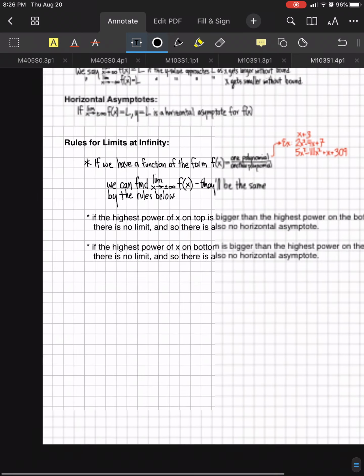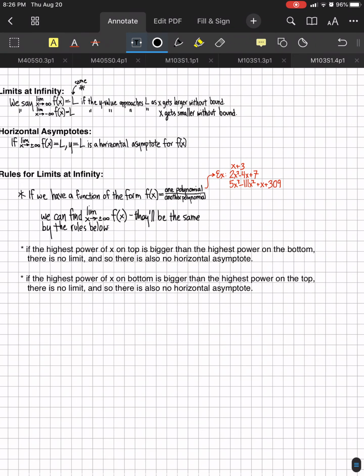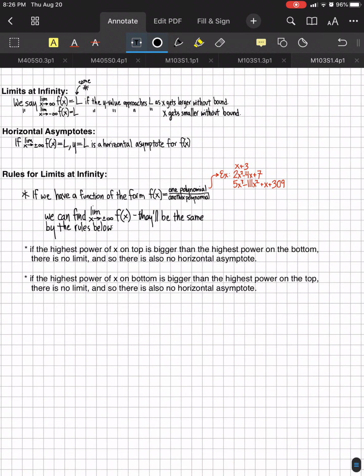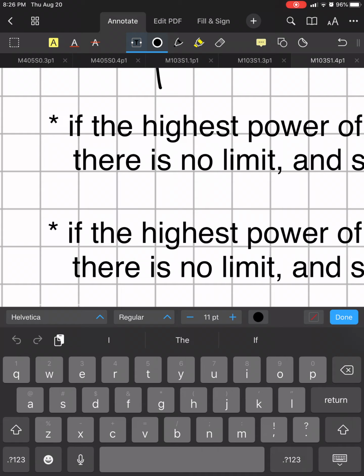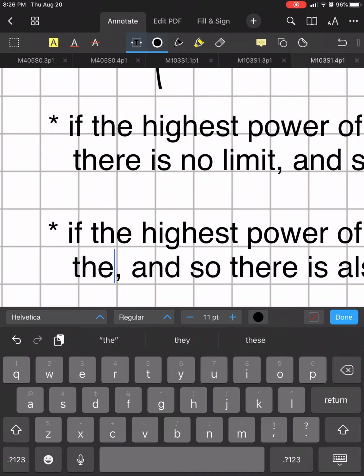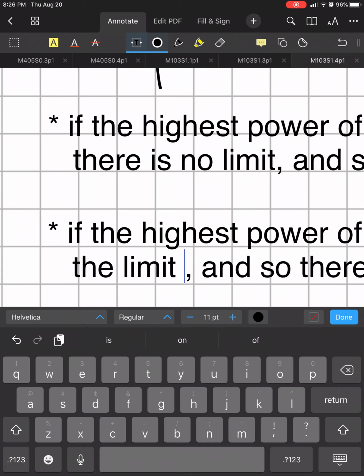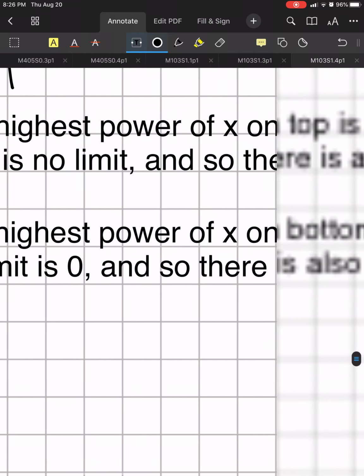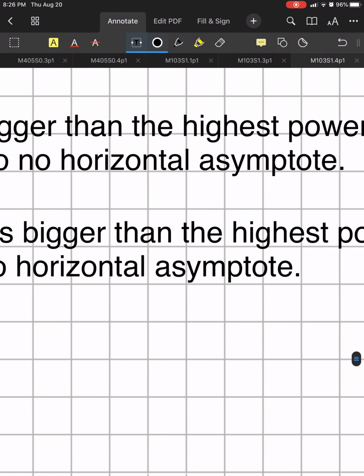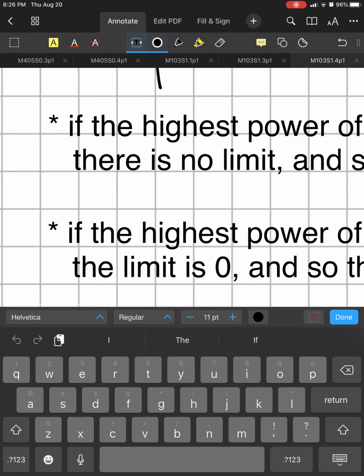There we go. If the power on the bottom is bigger than the highest power on the top, here there is a limit. The limit is always 0. And so the horizontal asymptote is y equals 0.